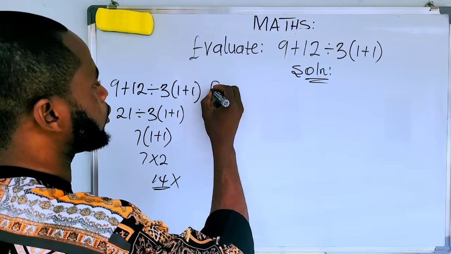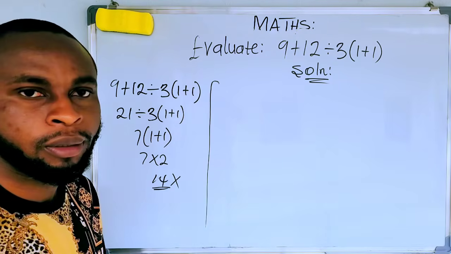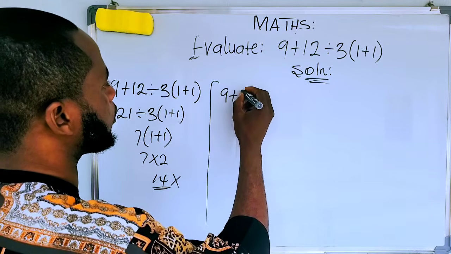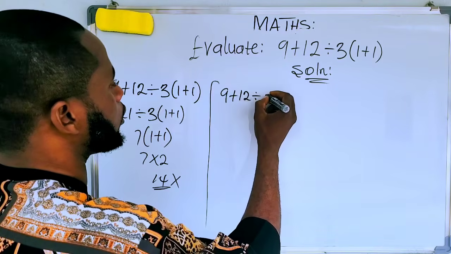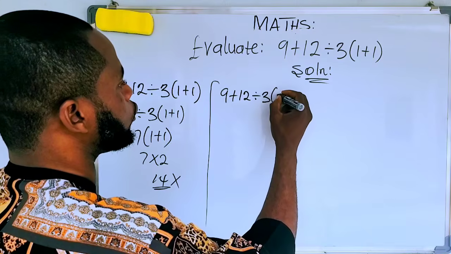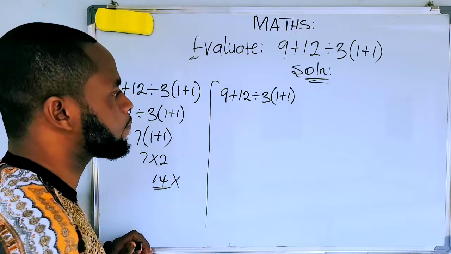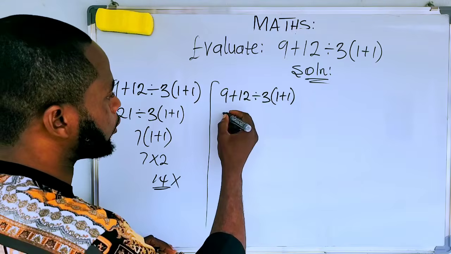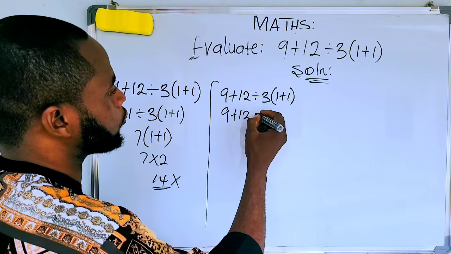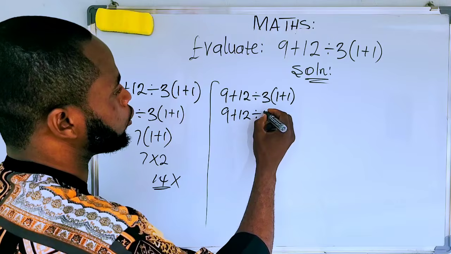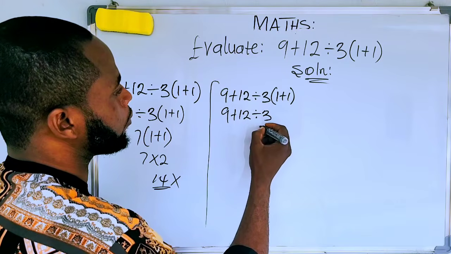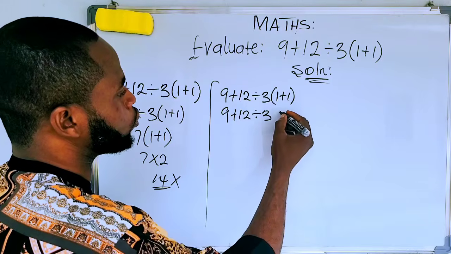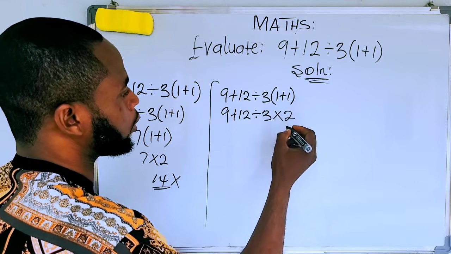Now, still in the same expression, some persons will have this 9 plus 12 divided by 3 into 1 plus 1. Then they have this 9 plus 12 divided by 3, then 1 plus 1, that gives 2, and that is multiplication here.